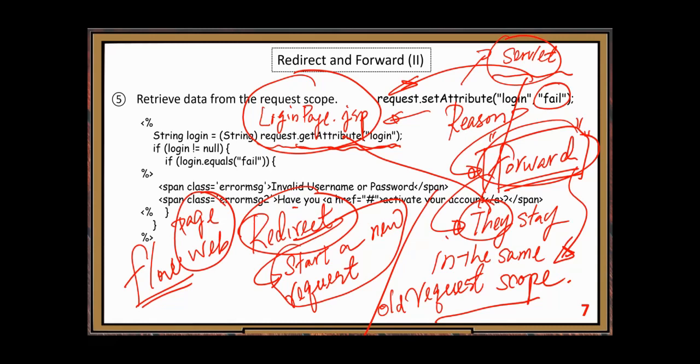When you do that, you have two choices, the redirect choice and the forward choice. But you need to know the differences. There are several differences, so you can decide which way is the best.